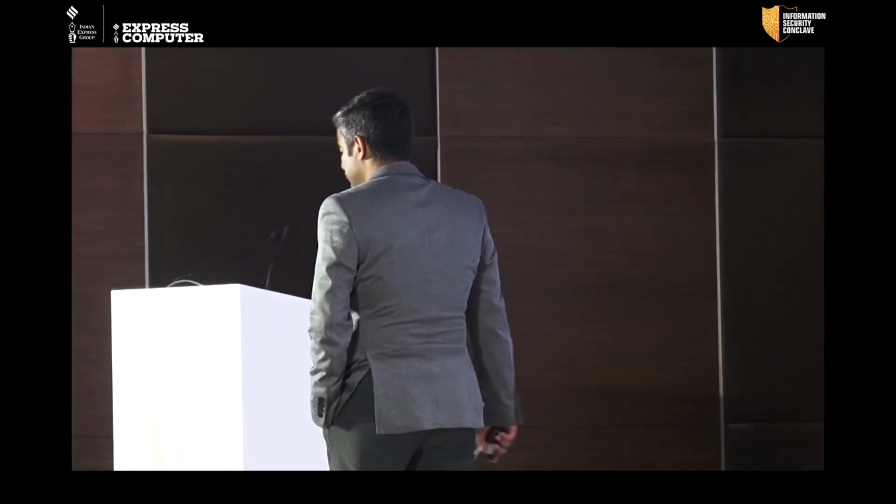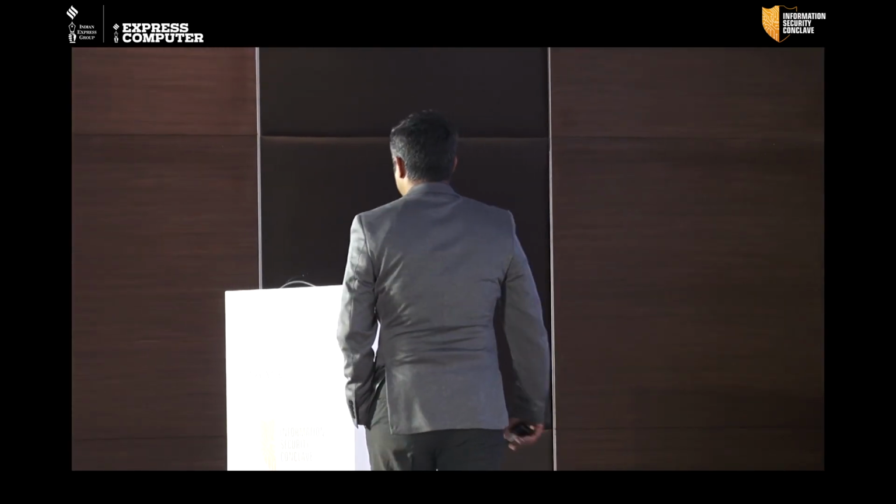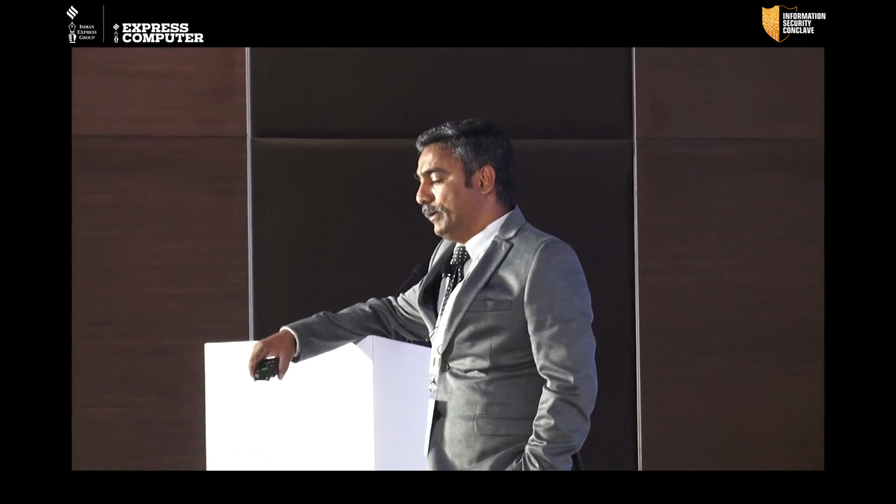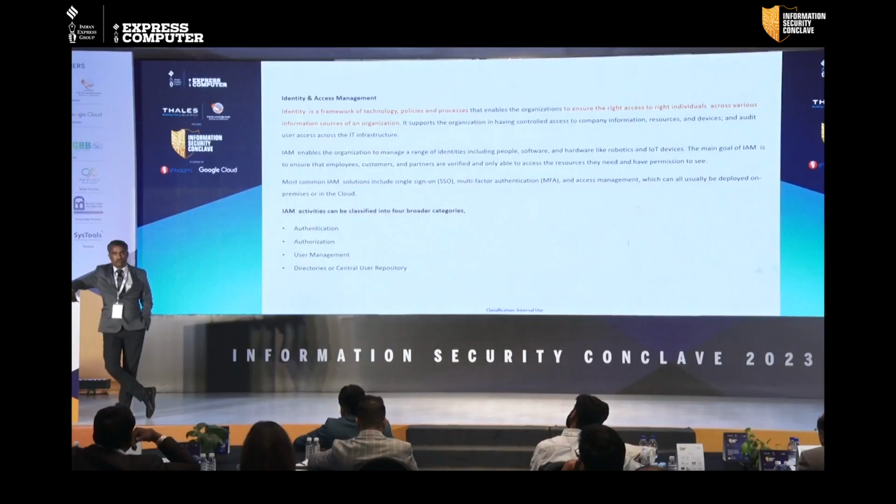We all know what identities are and how they are configured. And we all know what identity and access management is, how important it is, and from a zero trust model too, which is now a buzzword, a fancy concept every organization wants to adopt.